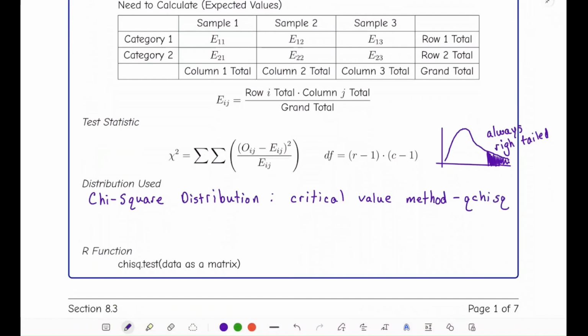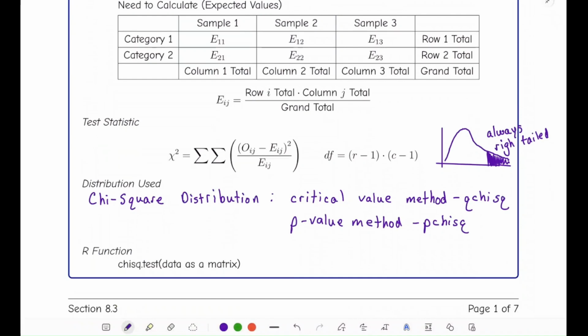It's just Q chi SQ. And then the p-value method, you'll use pchisq if you're doing it by hand.